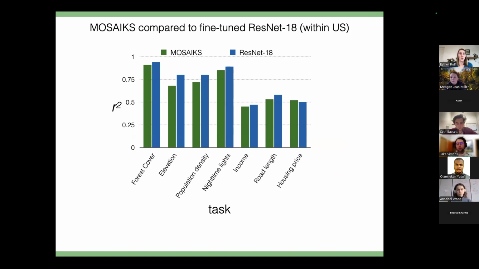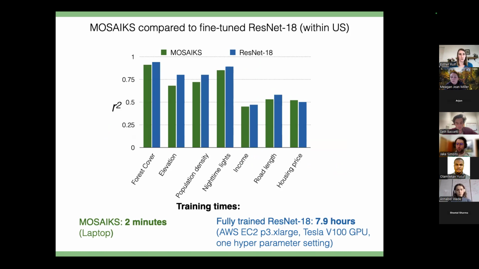If we put this in context of what it took to actually generate these predictions, each of these green bars to generate predictions on these 7 different tasks took about 2 minutes on a laptop, versus generating a prediction set with a similar amount of accuracy took 8 hours just for a single hyperparameter configuration on what at the time was a pretty large AWS instance with a GPU.